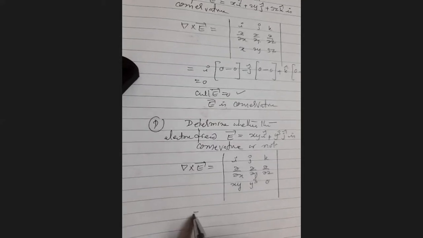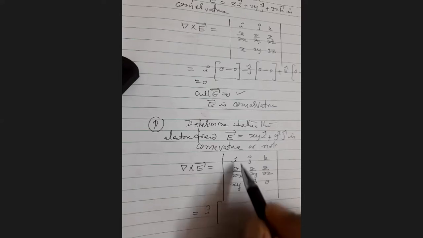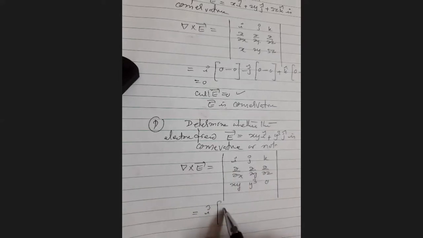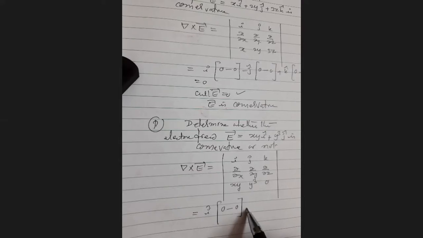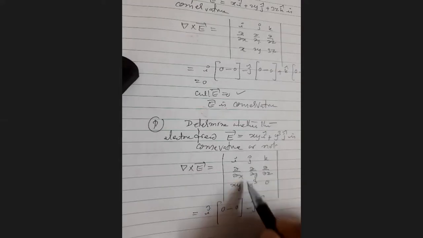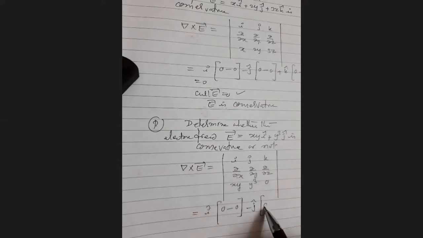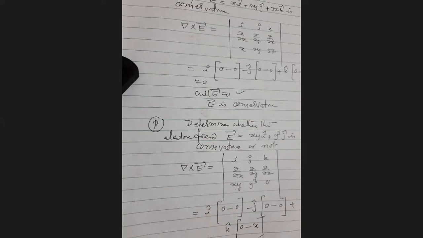That equals i cap into dou by dou y of 0, which is 0, dou by dou z of y cubed is 0 because of partial differentiation, minus j cap into dou by dou x of 0, which is 0, dou by dou z of xy is 0, plus k cap into dou by dou x of y cubed, which is 0, dou by dou y of xy, that is x, so we have minus x k cap.